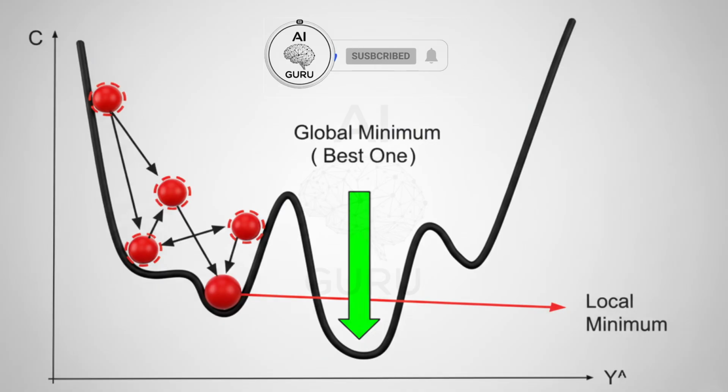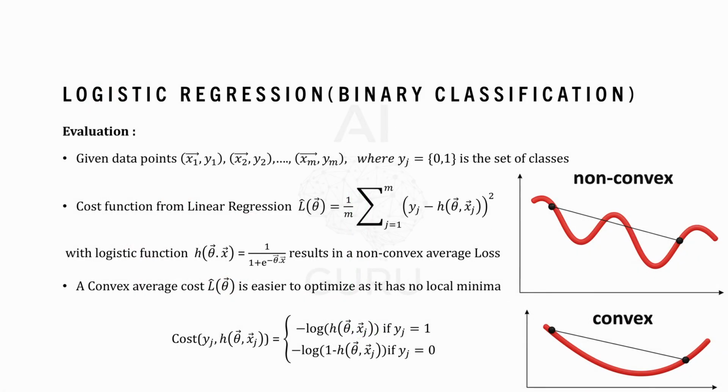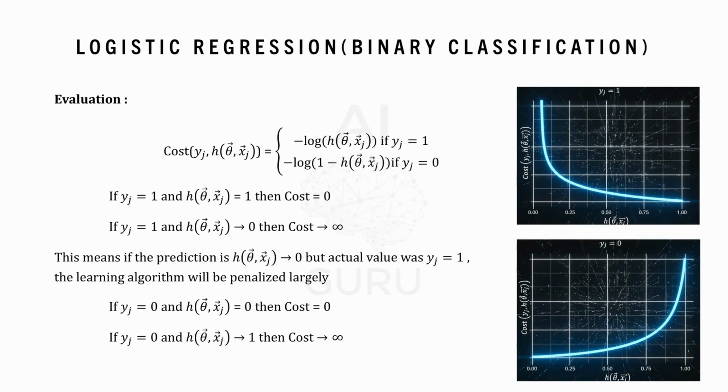So our optimization algorithm trying to go downhill could easily get stuck in one of those small valleys. And it thinks it's found the best answer, when the actual best answer is in a much deeper valley somewhere else. It gets trapped. And we can't have that. We need to reliably find the best set of weights. We absolutely do. So we need a cost function that guarantees a convex bowl shape. Which leads us to the specific cost function used for logistic regression.